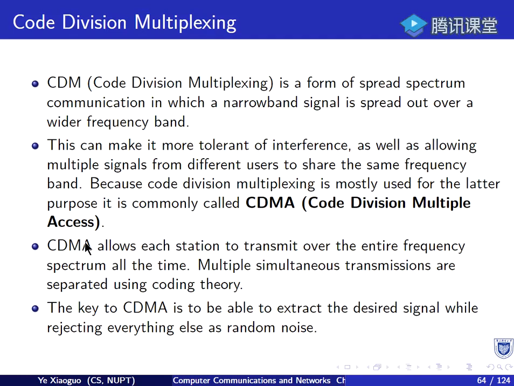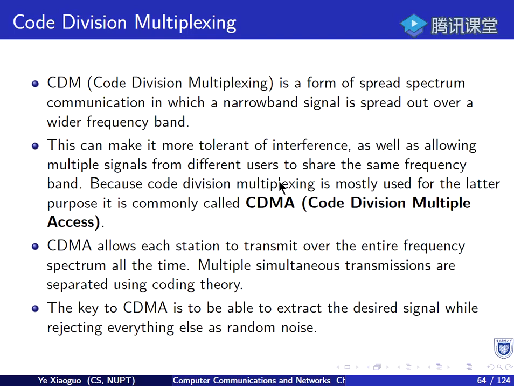The third one is CDM, code division multiplexing. It is a form of spread spectrum communication in which a narrowband signal is spread out over a wider frequency band. This can make it more tolerant of interference, as well as allowing multiple signals from different users to share the same frequency band.